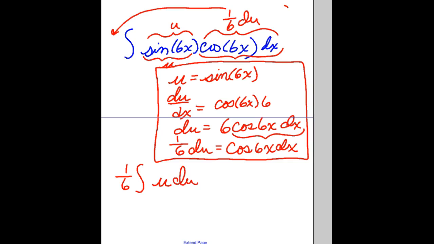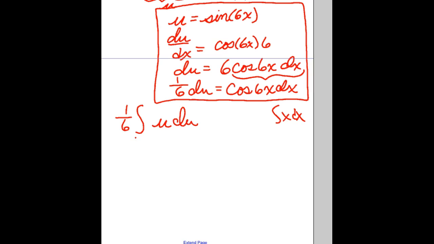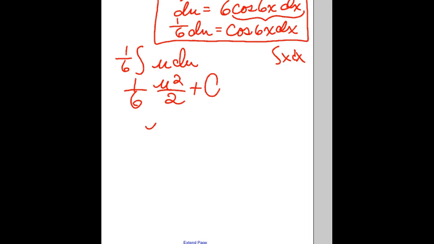That is just like integrating x dx. It's x squared over 2. Well, this is u squared over 2. So I'd have 1/6 u squared over 2 plus C. That gives me 1/12, or u squared over 12, plus C.